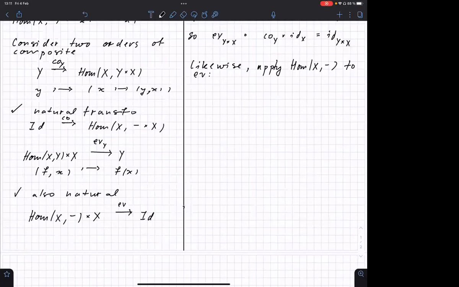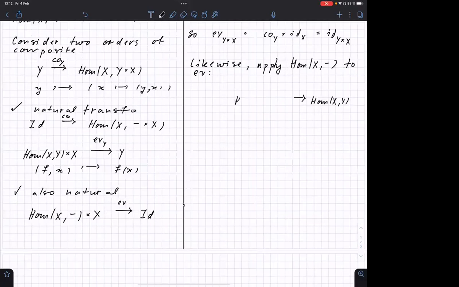So on the right-hand side, I would get Hom x into y. And that would receive a map from Hom x into Hom xy cross X.